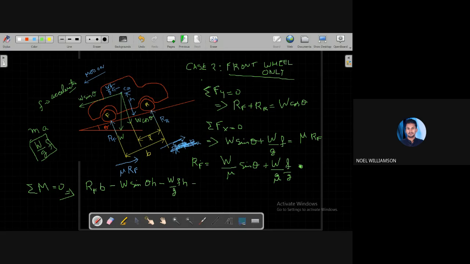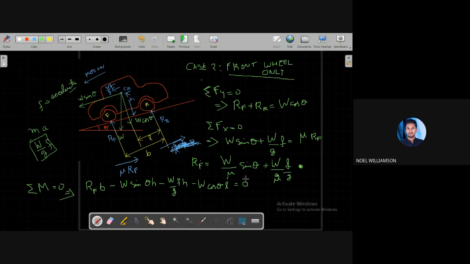Therefore, minus W cos theta into L. So these are the forces, 1, 2, 3, 4. And the frictional force is acting through the point, so that is also 0.